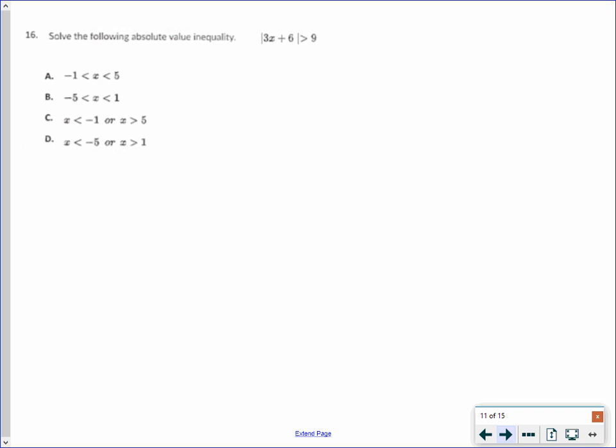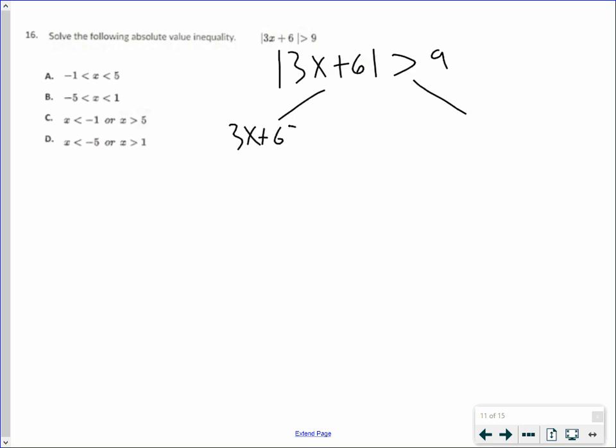Number 16, solve the following absolute value inequality. It's already isolated for us, so we can go ahead and make our two scenarios. The absolute value of 3x plus 6 is greater than 9. When 3x plus 6 is positive, 3x plus 6 is greater than 9, and when negative, 3x plus 6 is less than 9.